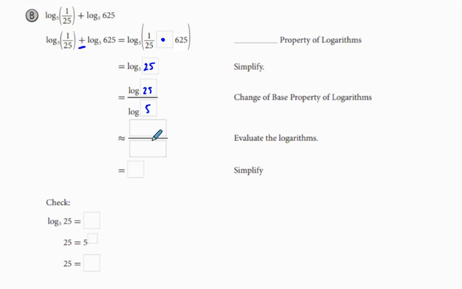And that's going to be approximately, if we work that out in the calculator, 1.398 over 0.699.